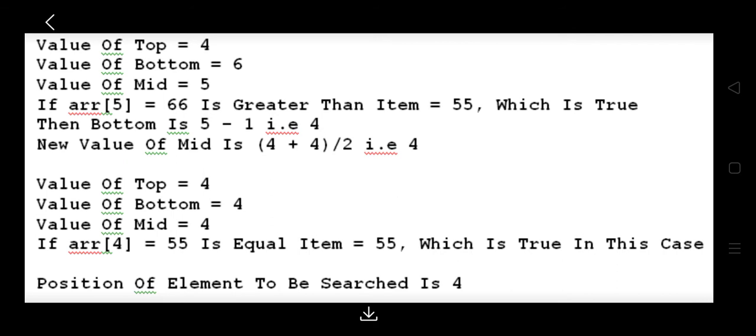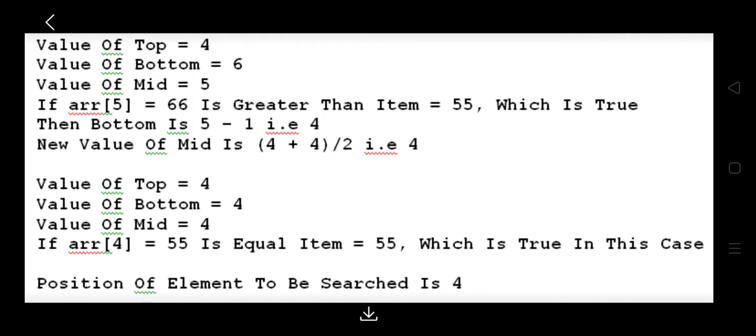Now the array element at position 4 is checked with the value of item, which is 55. Array 4 is 55, which is equal to the item which you want to check, which is also 55.